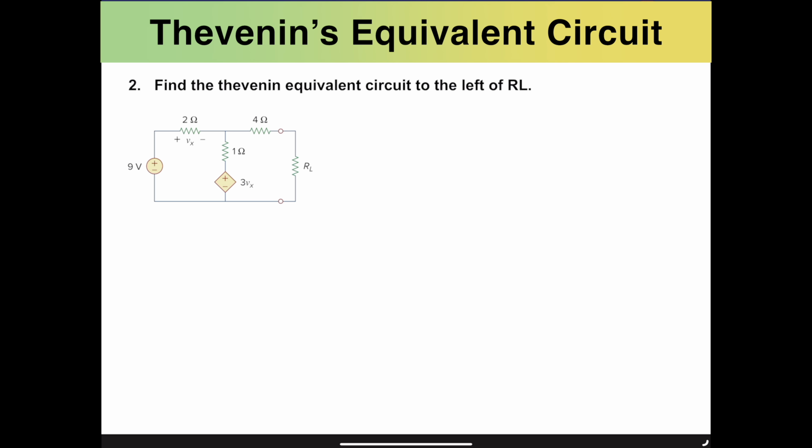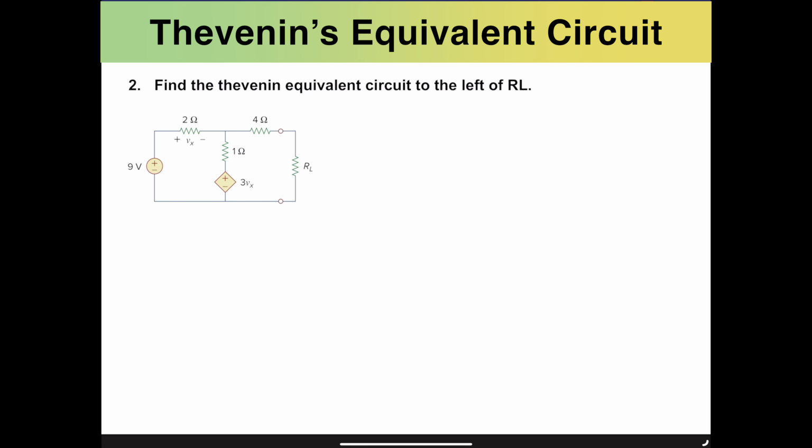Okay, so here is another example that is asking to find the Thevenin equivalent circuit to the left of RL. So right now we have a two loop circuit that has only one independent voltage source. We would be simplifying the circuit again by breaking it down into two pieces: finding the open circuit voltage seen across this RL, which would be our voltage Thevenin.